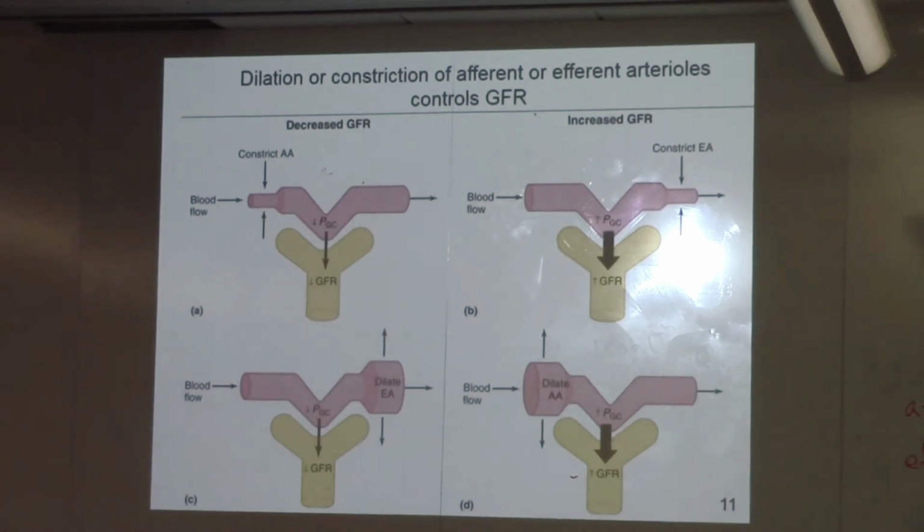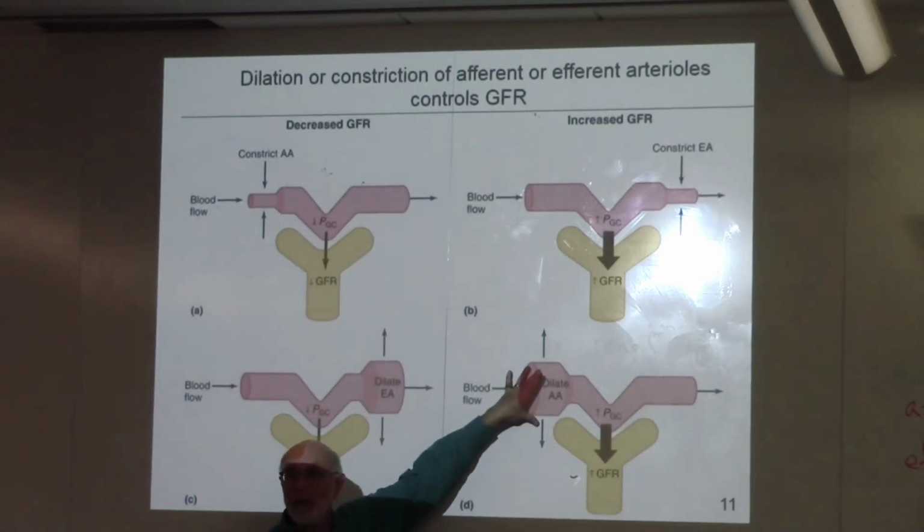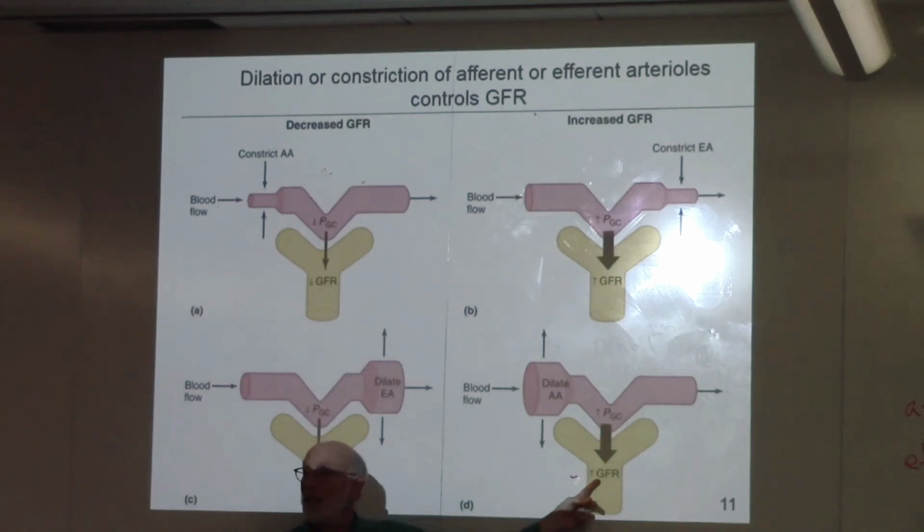Just the opposite, if we dilate the afferent arteriole, then more pressure in the glomerular capillaries and more filtration, and that would increase the rate of glomerular filtration, which has a common abbreviation, GFR. Glomerular filtration rate. So dilating the afferent arteriole increases GFR, and constricting the afferent arteriole decreases GFR.